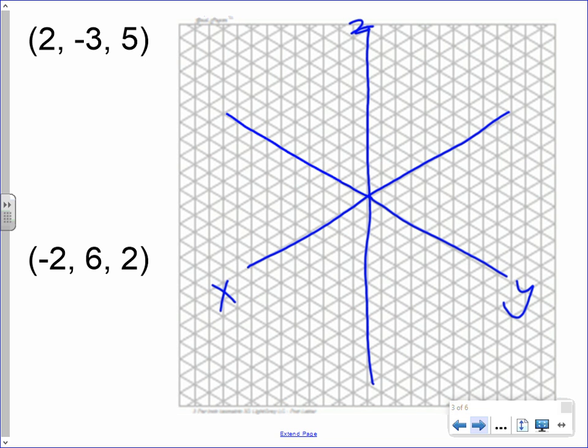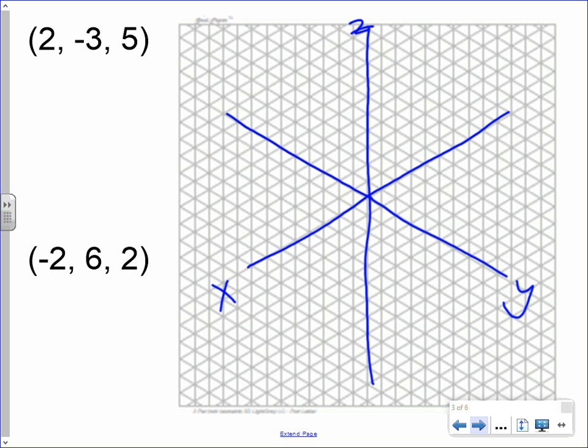Okay. So now we have coordinates that have non-zero values for all three: x, y, z. So what I'm going to ask that you do is we're going to create kind of like a parallelogram with the x, y coordinate, and then from the corner of our parallelogram, move up or down the z value.